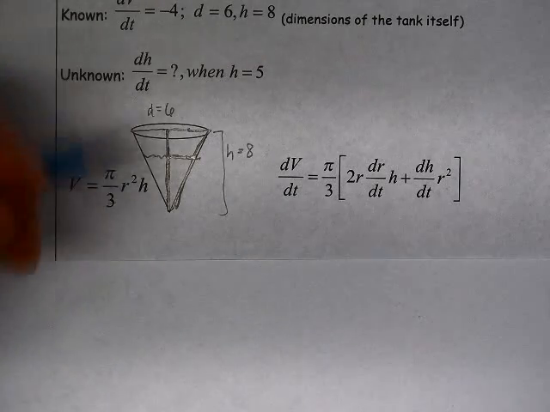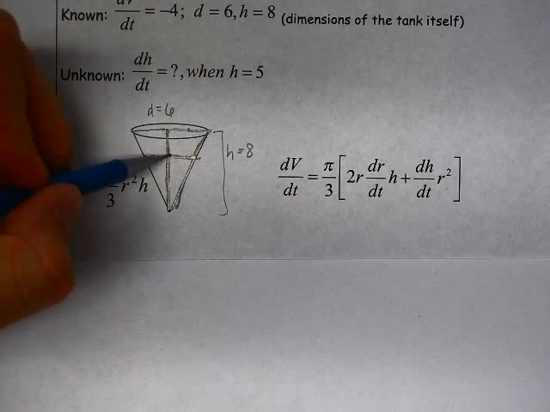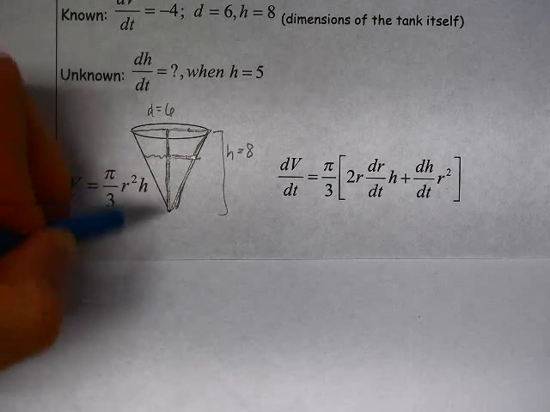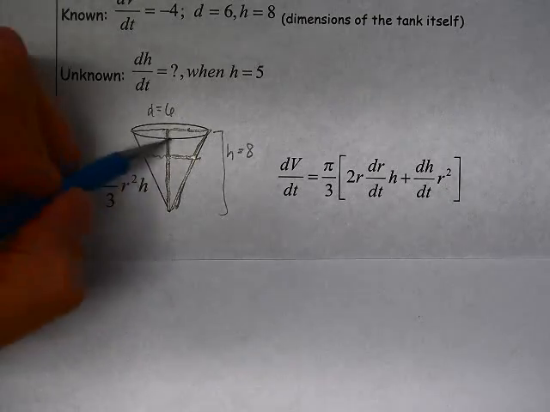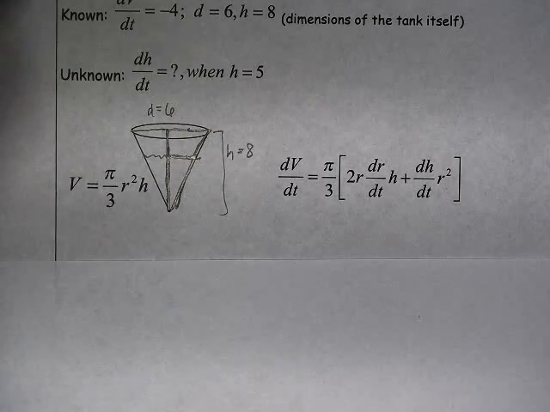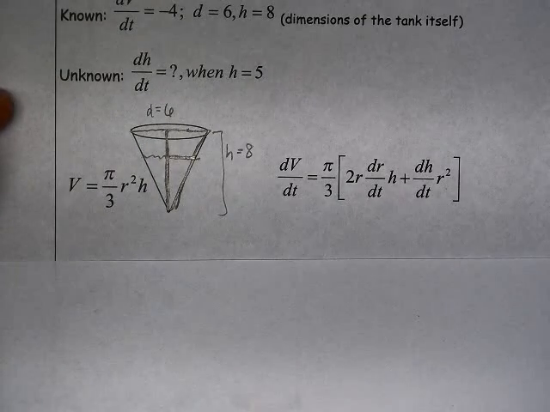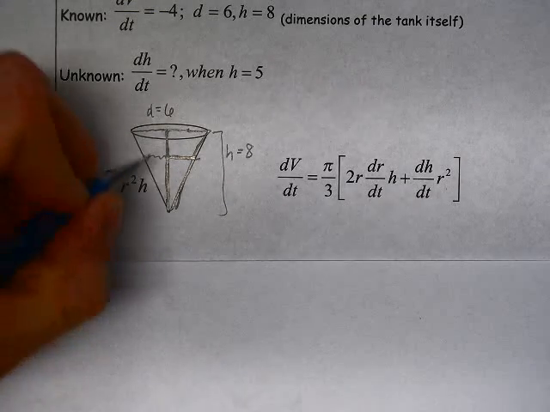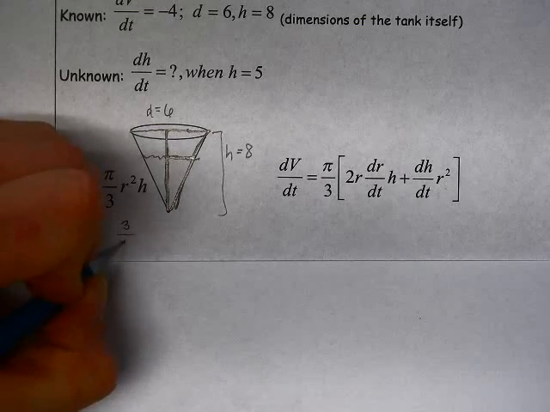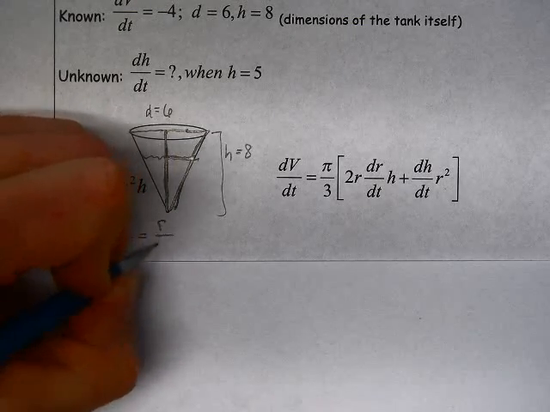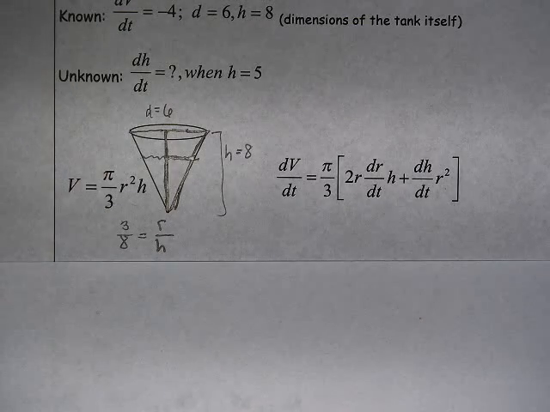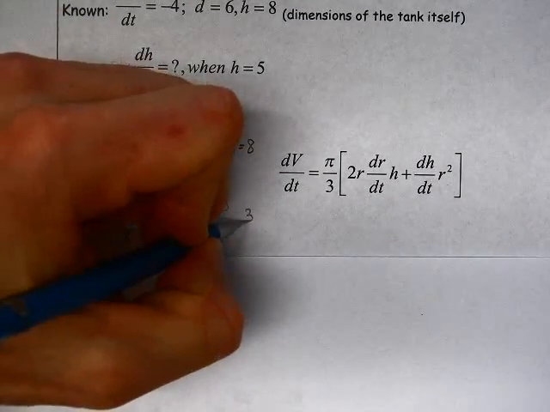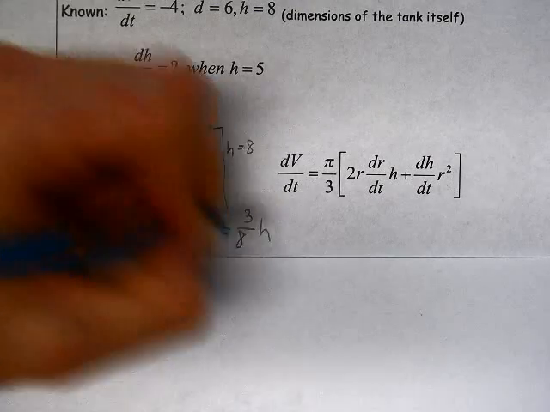So no matter how much water is in the tank, it's going to take on the same diameter or radius to height ratio as the original tank itself has. So I'm going to use the fact that my diameter is 6, so that means 3 over 8 is equal to my radius over my height. And therefore I can solve that for r as 3/8 h.